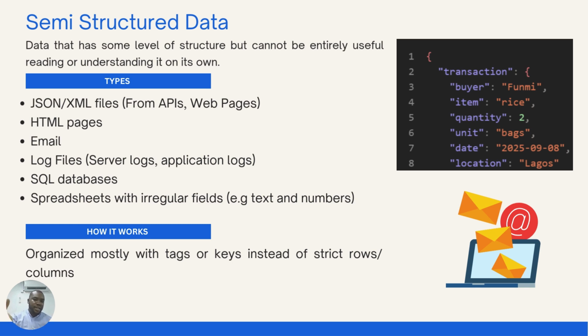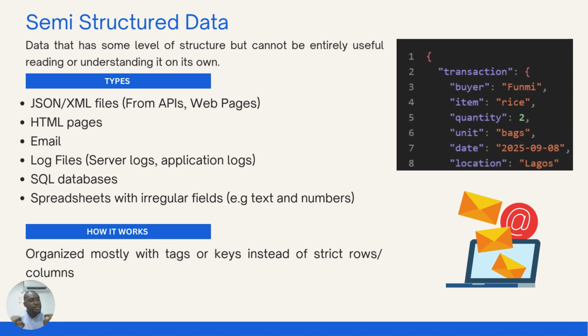So this is an example of a JSON file, or JSON code, right? It says that in a particular transaction, Fumi is the buyer. What item did she buy? Rice. How many? Two. How many units of rice? Two bags. When did she buy it? On the 8th of September. Where did she buy it? Lagos. So it is not fully structured.